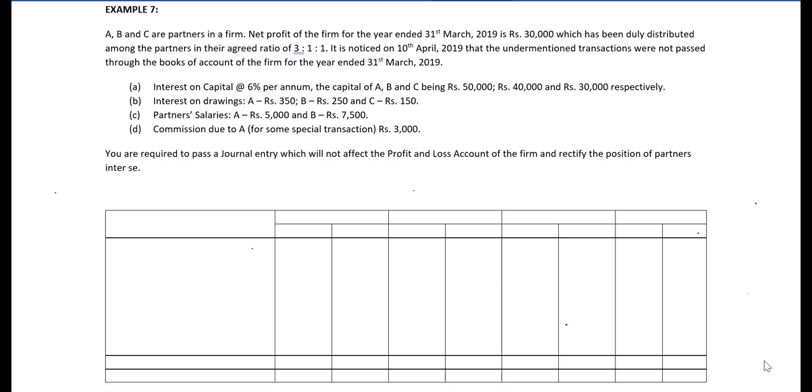For interest on capital at 6% per annum, the opening capitals of A, B and C are given, so we can apply the 6% rate directly on those amounts.